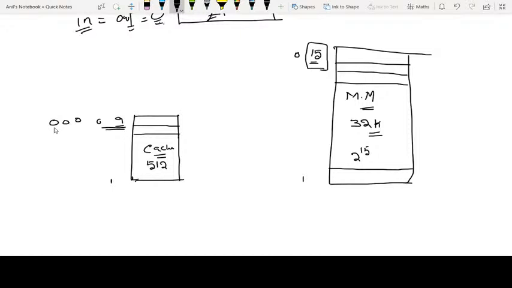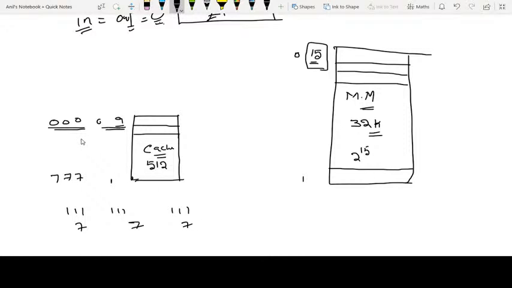the address length will be equal to 9 zeros. 9 zeros will be simplified by using 3 zeros in the octal number system, and at the same time, the final address will be equal to 777 because the final address is 111, 111 and 111. So if we simplify in the octal, this is equal to 777.